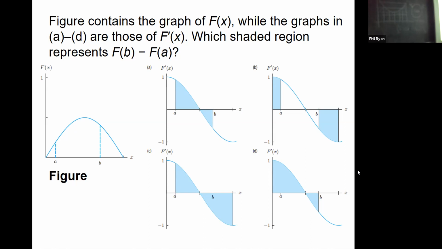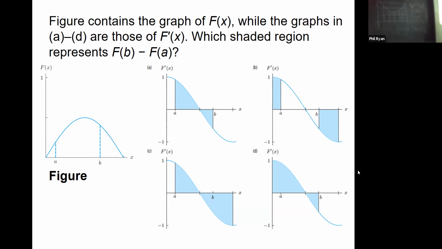The fundamental theorem of calculus says that f of b minus f of a is going to be the integral of the derivative between a and b. Which one of these is the integral between a and b? Everything else is just not.